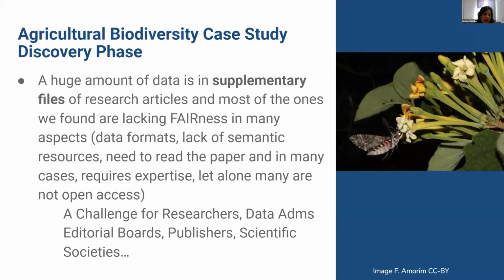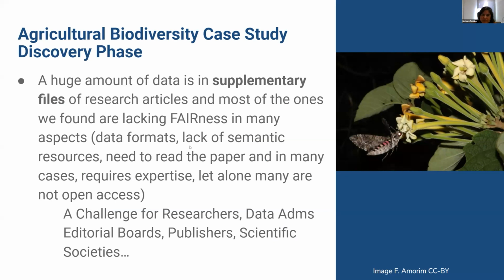So to summarize, we found that a huge amount of data on plant-pollinator interactions is in supplementary files of research articles. Most of them are lacking FAIRness in many aspects, like the data formats, the lack of semantic resources, and the need to read the paper in many cases.